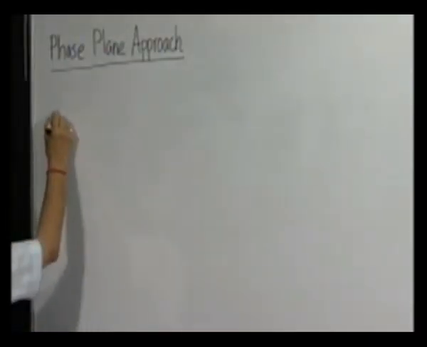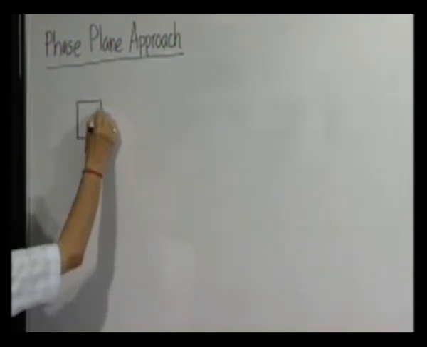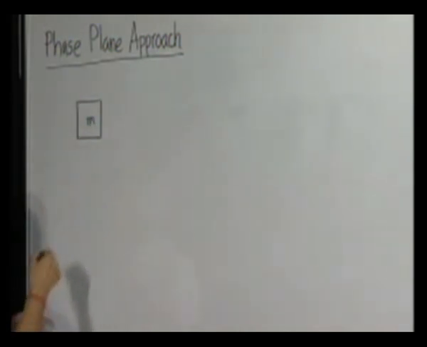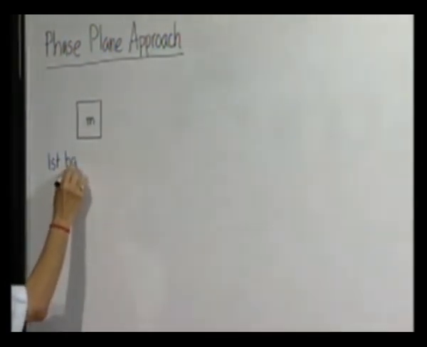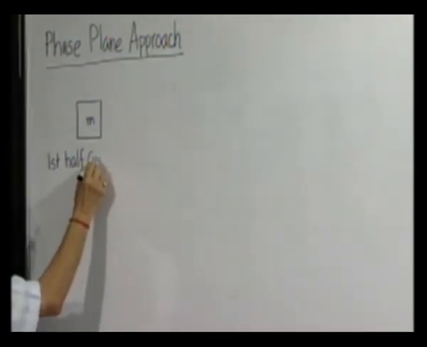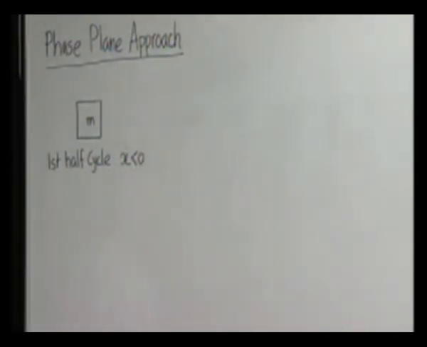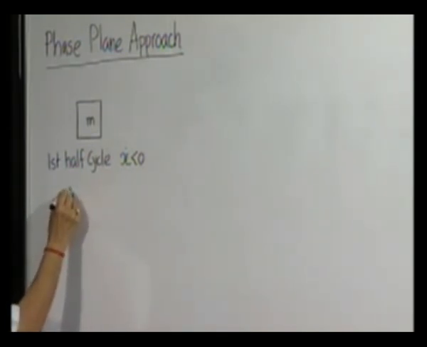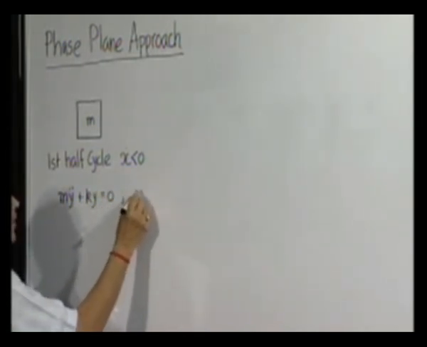First, let us find out the system, the mass's movement. We have seen that in the first half cycle x dot is less than 0, and the equation of motion was m y double dot plus ky equal to 0, where y was equal to x minus f by k.